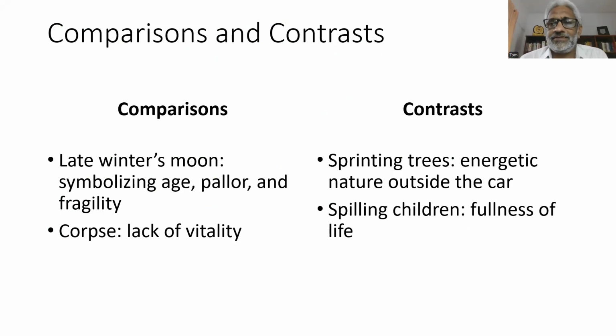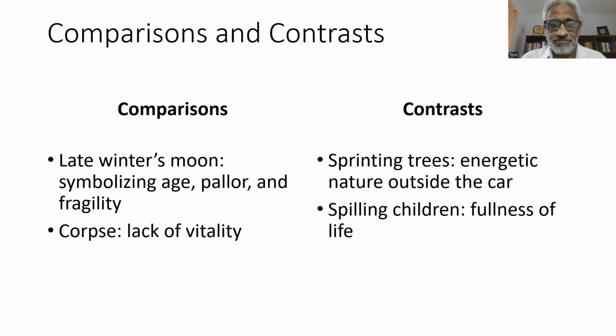The poem has some comparisons and contrasts. In fact, we can say that the central point of this poem is the comparisons and the contrasts in it. There are two comparisons and two contrasts.